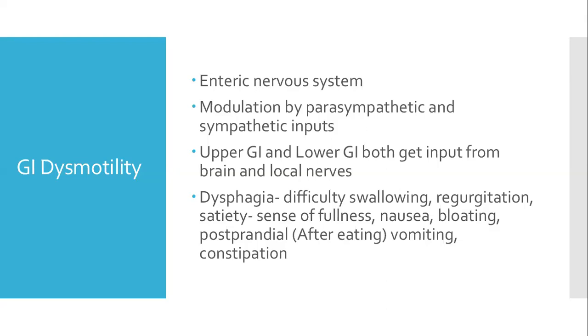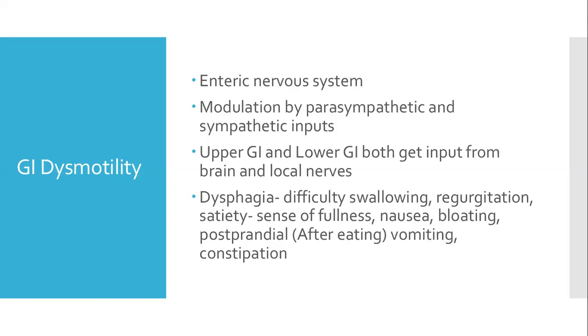In terms of GI dysmotility, the GI system again is modulated by these two systems, the parasympathetic and sympathetic. And the GI system kind of is its own environment as well. The upper GI and the lower GI both get input from the brain and the local nerves, and then they have their own set of nerves as well. So it complicates it a bit more.